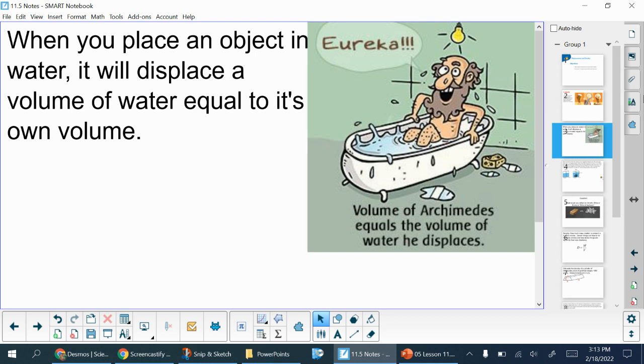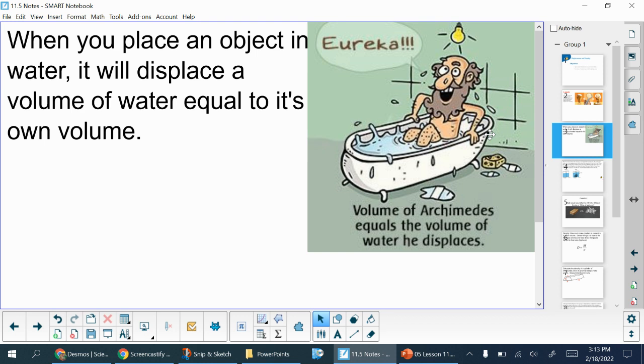Here we've got a picture of Archimedes in his bathtub. If you've ever heard the phrase Eureka, the legend goes that Archimedes was supposed to help the king figure out if the crown he had gotten was actually made out of pure gold or if it had been made of some cheaper metal. He obviously didn't want to take the thing apart or break it, or melt it down and see its density by putting it into a nice shape.